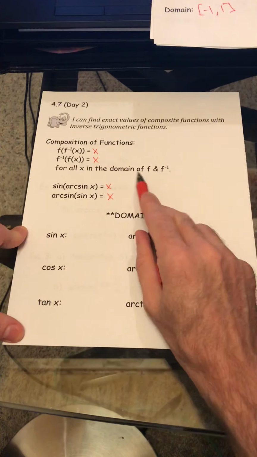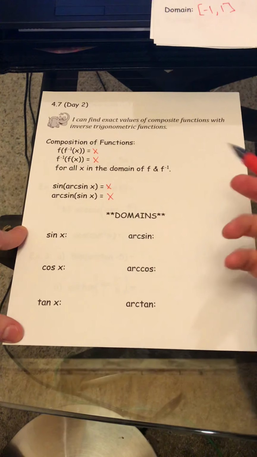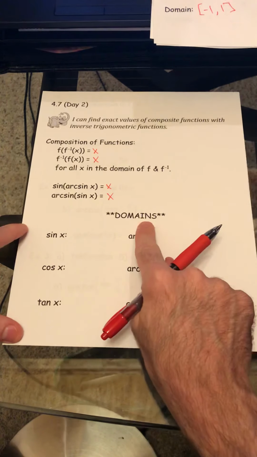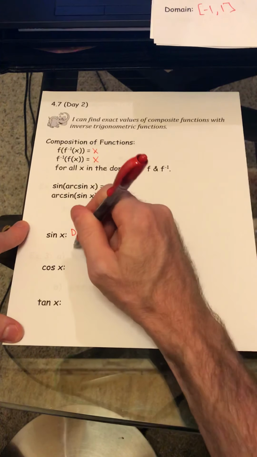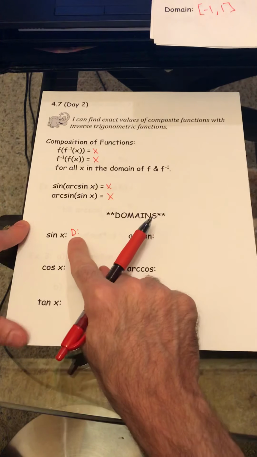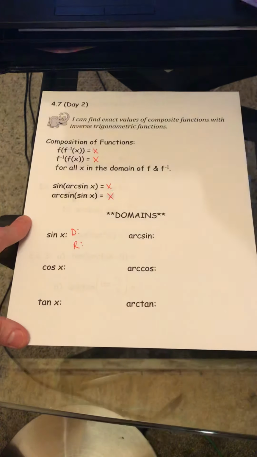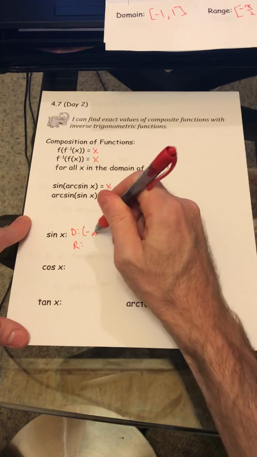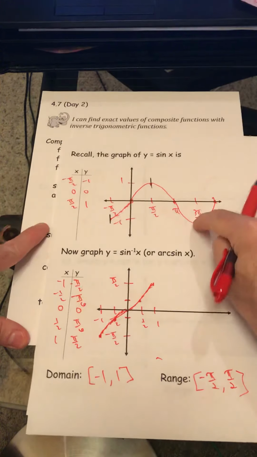Now, the big issue here will be some domains, and one of the things that we're going to list here, and I actually even like to list both domain and range for all of these. Now, just a regular old sine wave, domain is negative to positive infinity. The range, -1 to 1.